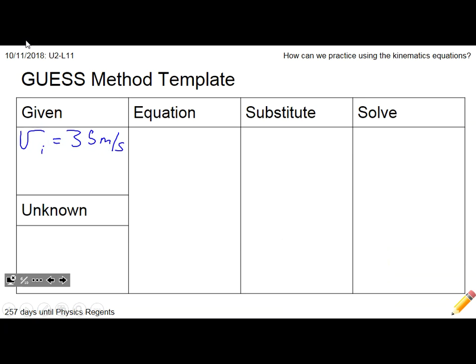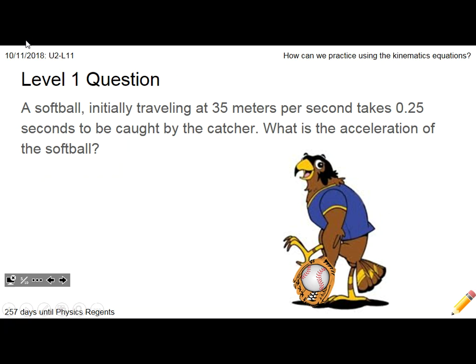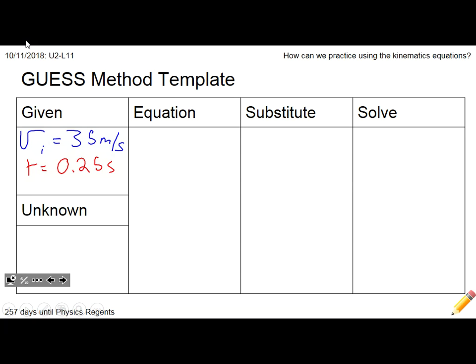Okay, so the time. Okay, is there anything else that is given in this question? Okay, we can write that down. So we can add that as our unknown. We're trying to solve for the acceleration.